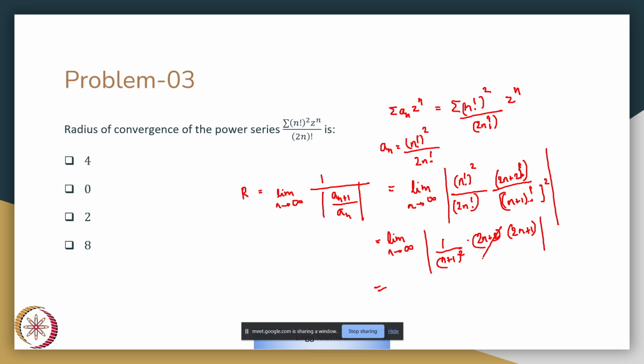So we can cancel 2n plus 2 with one n plus 1, and therefore we essentially have limit n tends to infinity of twice of (2 minus 1 upon n plus 1), which, as this will go to 0 as n tends to infinity, we end up with 4. So for this particular problem, radius of convergence turns out to be 4.